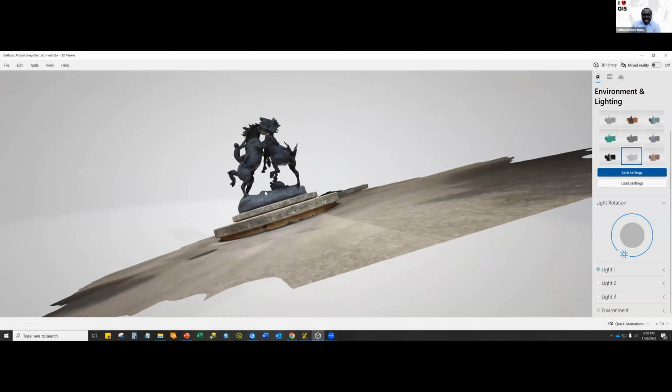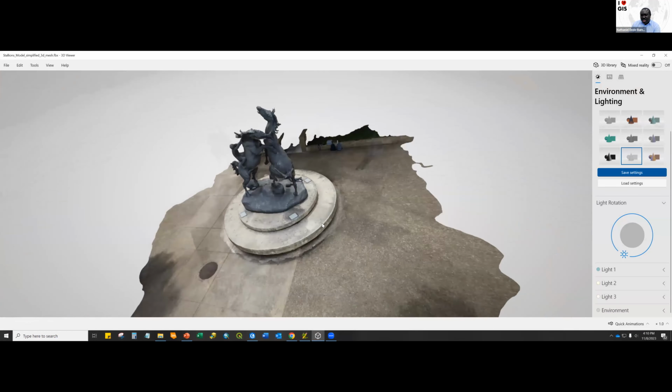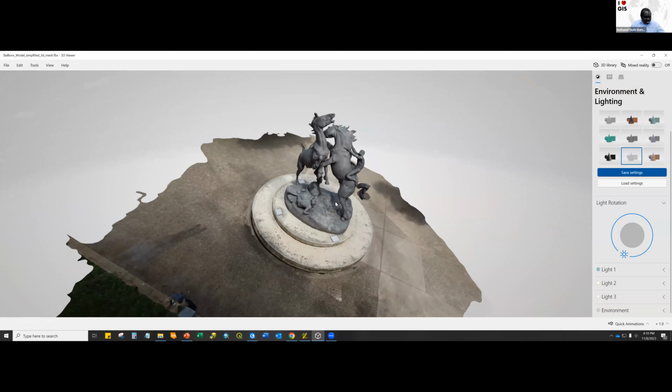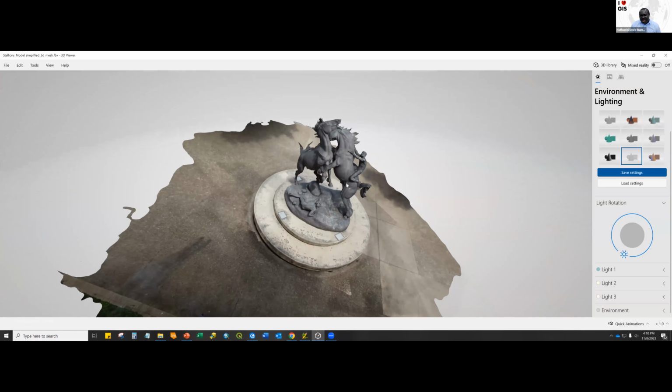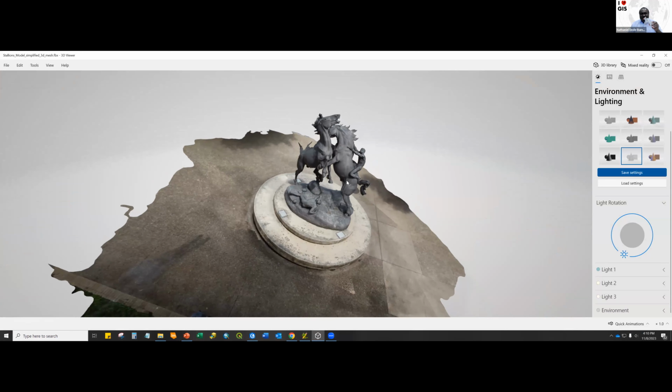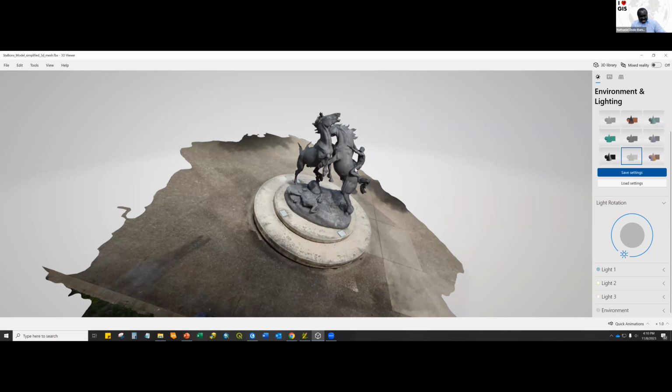Based on the images, we turned it into a 3D model. And just to show you, from this 3D model, I went to our makerspace and printed it. Unfortunately, I broke the leg. So this is the base, and those are the stallions. So you can do something like that out of it.